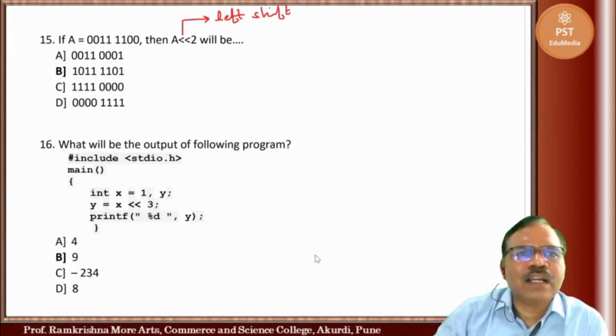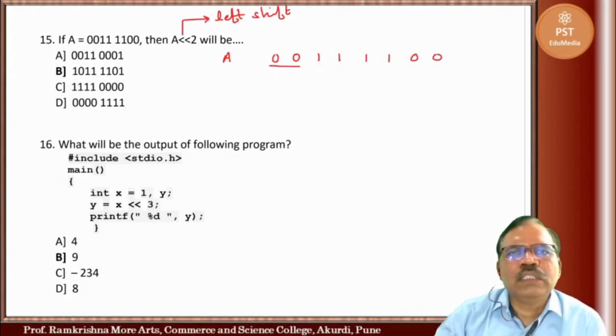So again here A is 0, 0, 1, 1, 1, 1, 0, 0. So these are 8 bits.